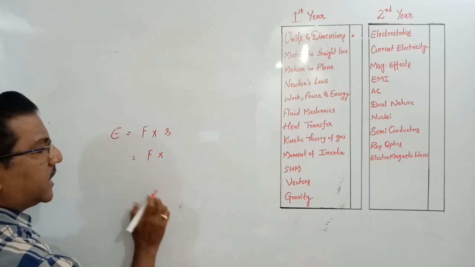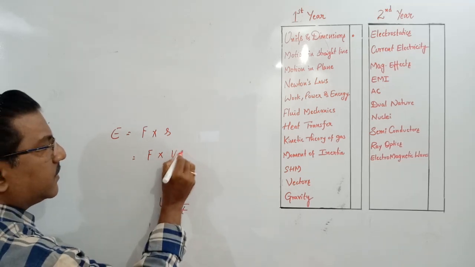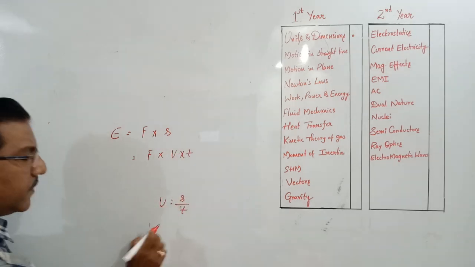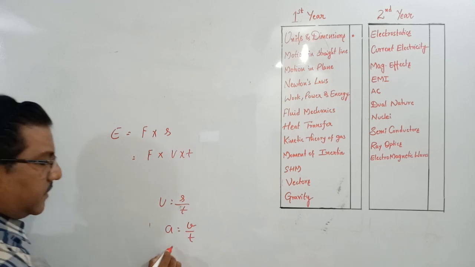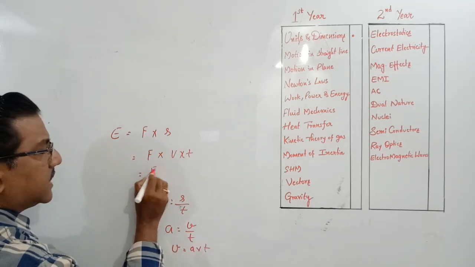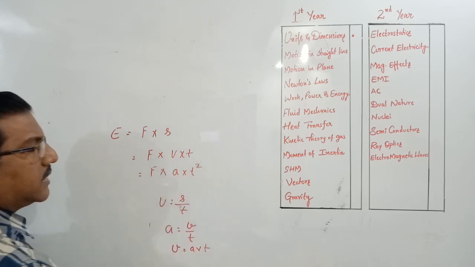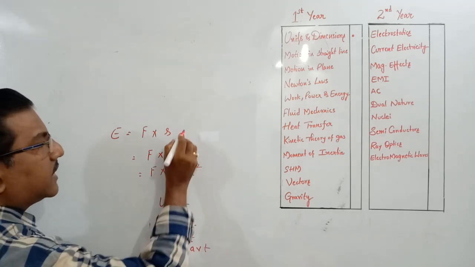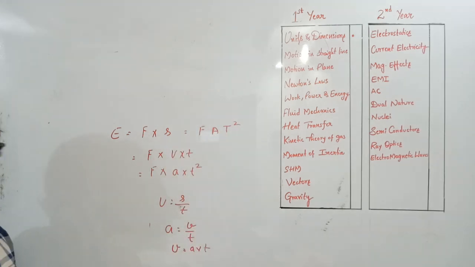Velocity is displacement by time, so displacement is equal to velocity into time. Acceleration is velocity by time, so velocity is equal to acceleration into time. So F is equal to acceleration into time square. F a t square. Answer: F a t square.